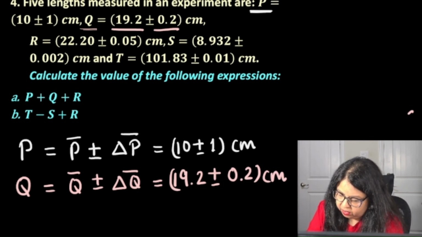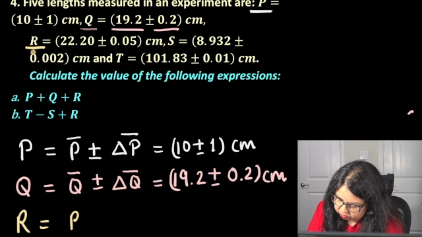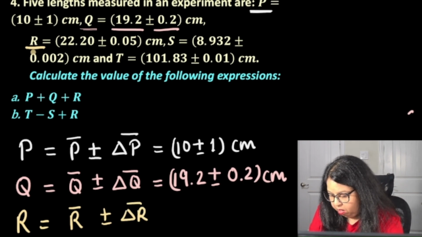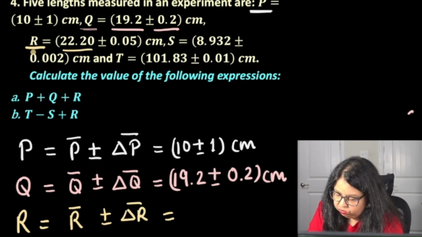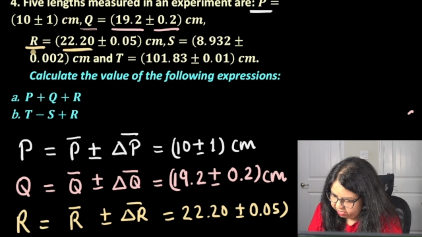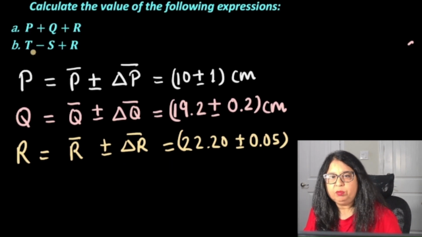Then we have R. We're going to write this as R bar plus minus delta R bar, and its value is 20.20 plus minus 0.05 centimeters.